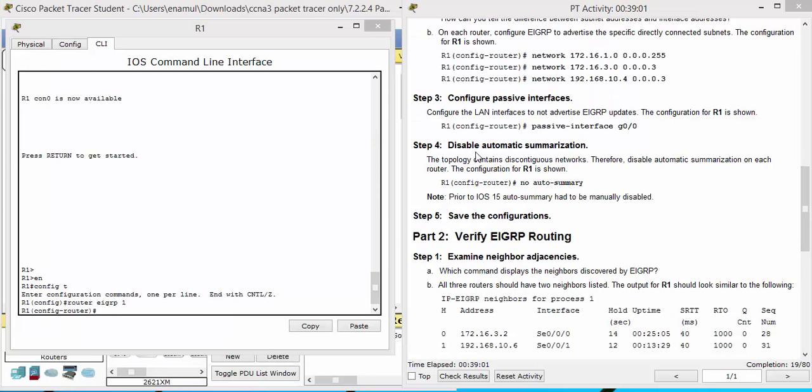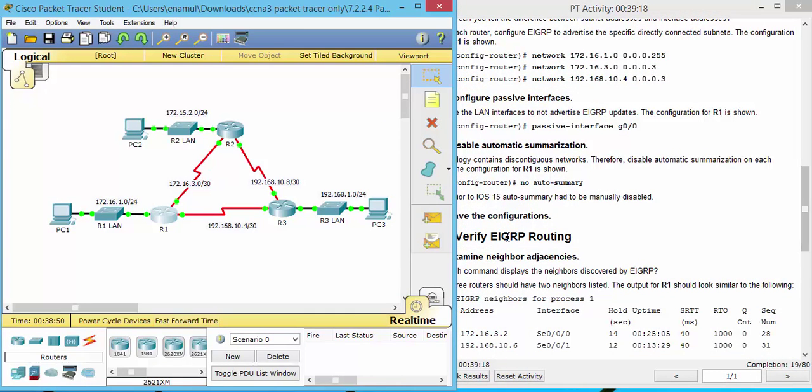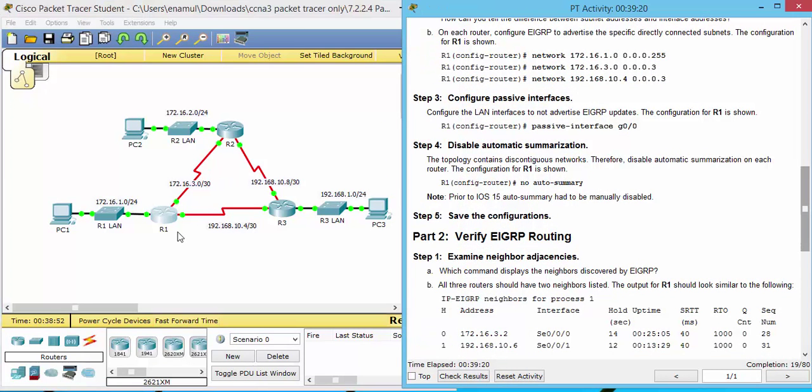Now we disable automatic summarization. The topology contains discontiguous networks, therefore we disable automatic summarization on each router. This is the topology, and it contains discontiguous networks.